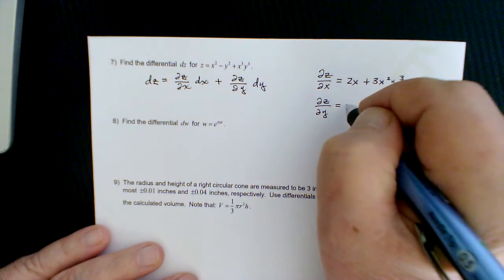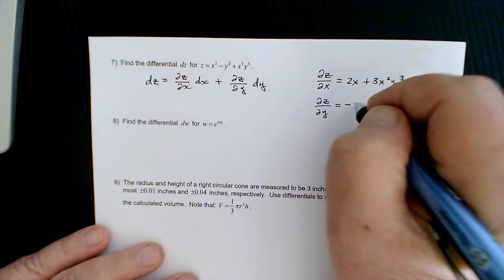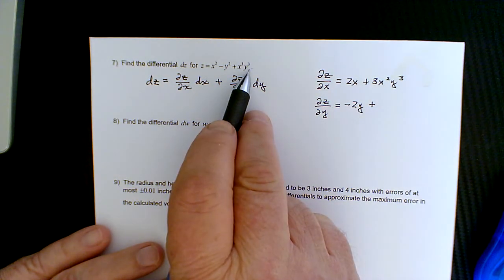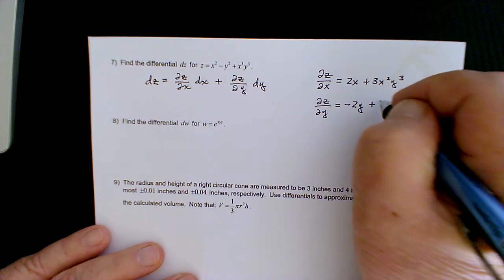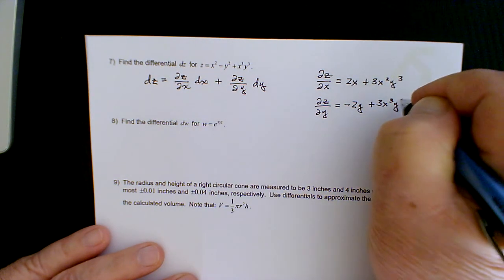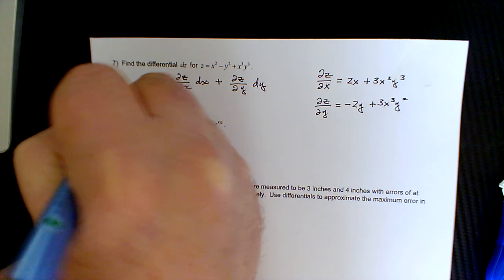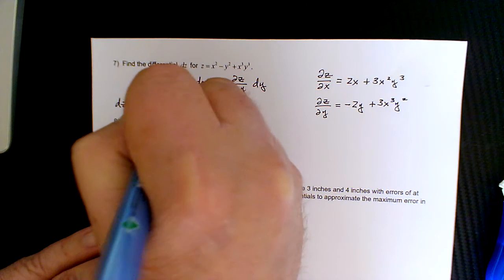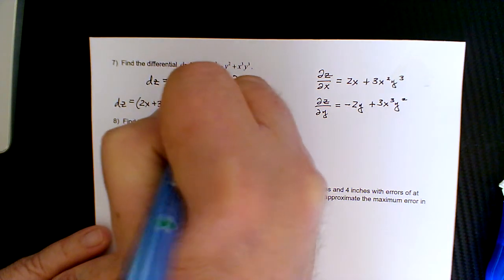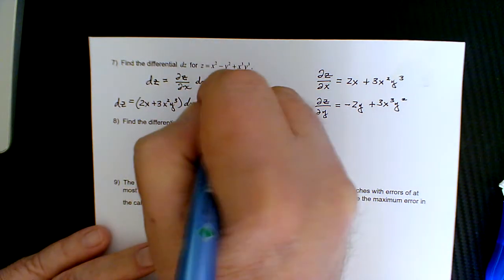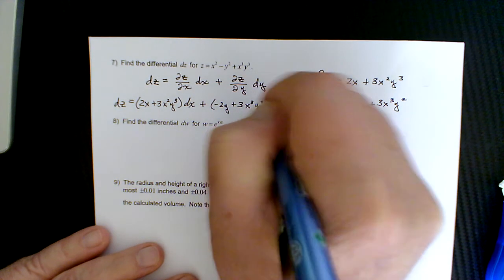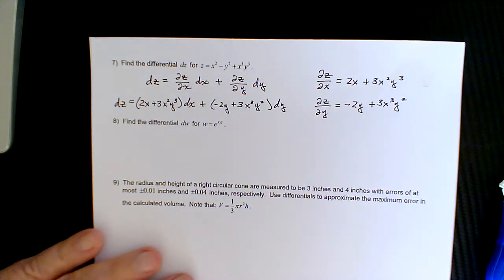And now x is a constant, so we get the derivative of negative y squared, negative 2y, and then plus the derivative of y cubed is 3y squared, and the x cubed tags along, so 3x cubed y squared. So the differential dz is then the 2x plus 3x squared y cubed times the differential dx, and then plus negative 2y plus 3x cubed y squared times the differential dy.